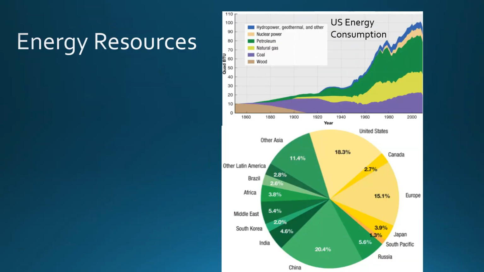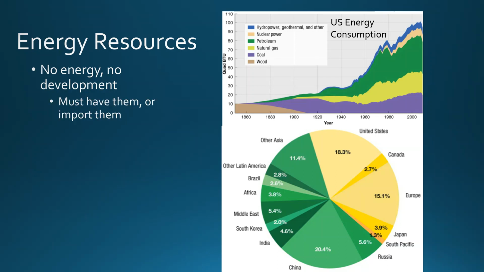I also want to talk about energy resources, right? Generally speaking, places that are more developed use more energy. They have higher rates of consumption. If you have no energy, you have no development, right? You must have it or import it in order to be developed, right? The Industrial Revolution was all about fossil fuels and kind of harnessing the power of fossil fuels.